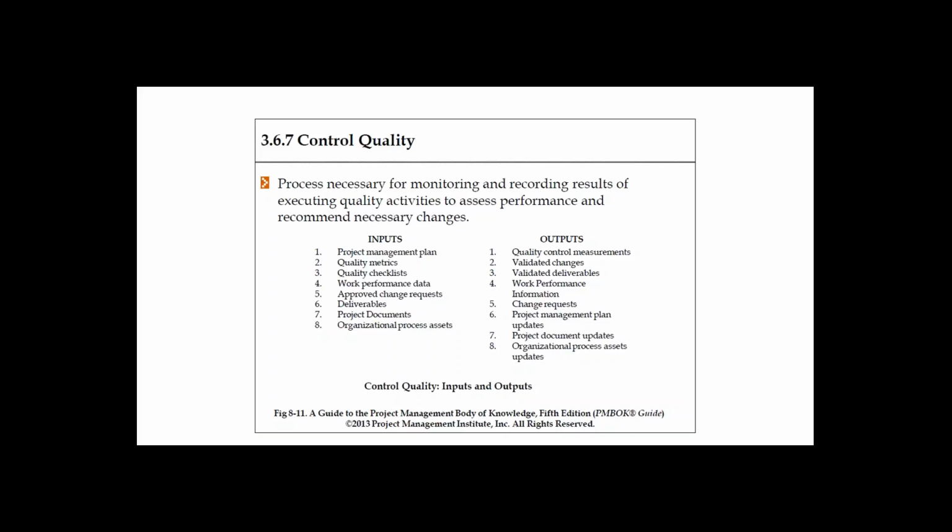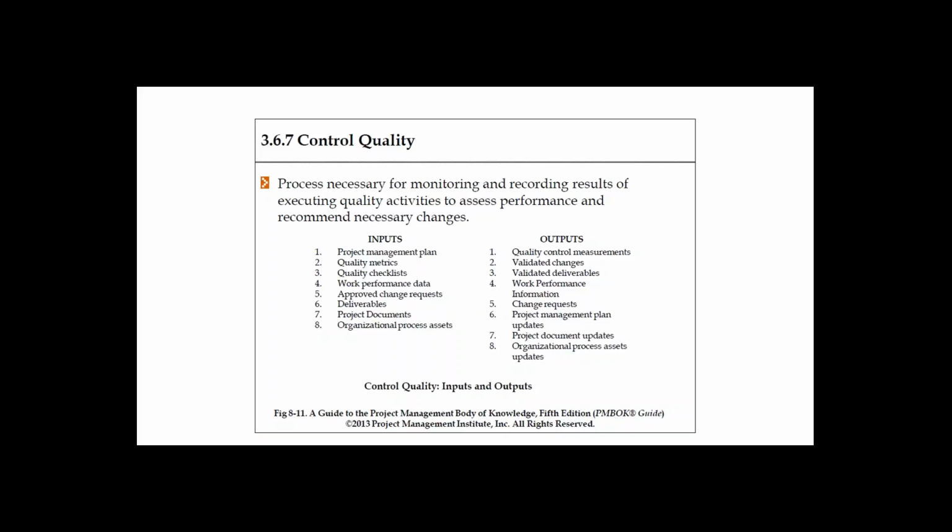And then the next thing is work performance data. That's standard information. Then you have your approved change requests, then you have deliverables. You are doing the quality check on the approved change requests, and obviously you need the deliverables to perform the quality check, and you have OPA.